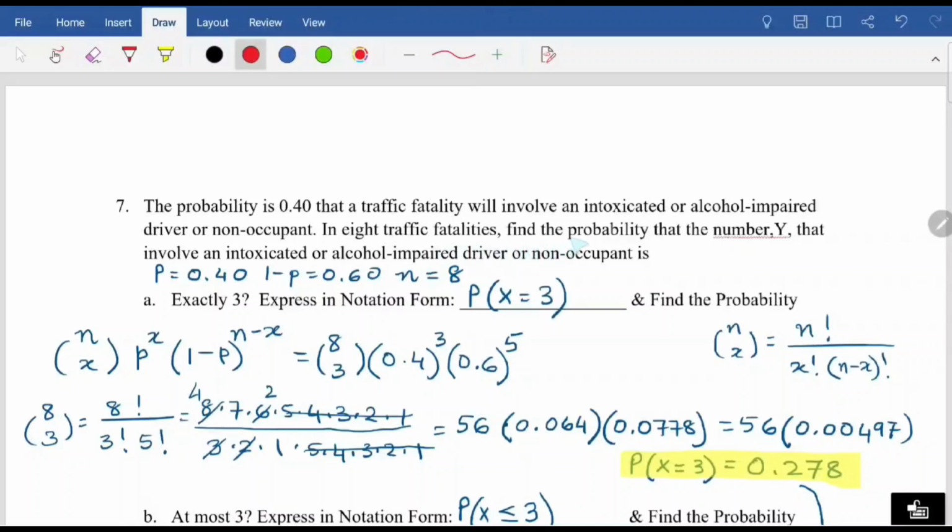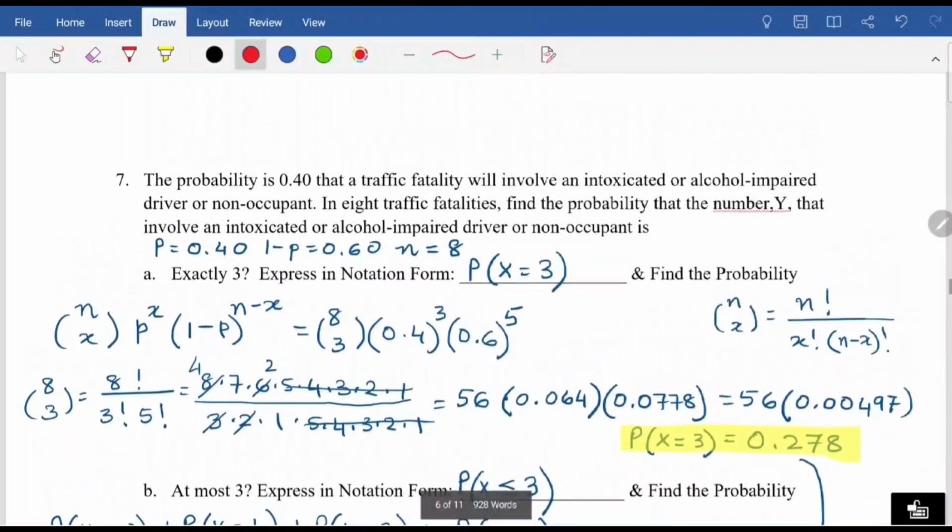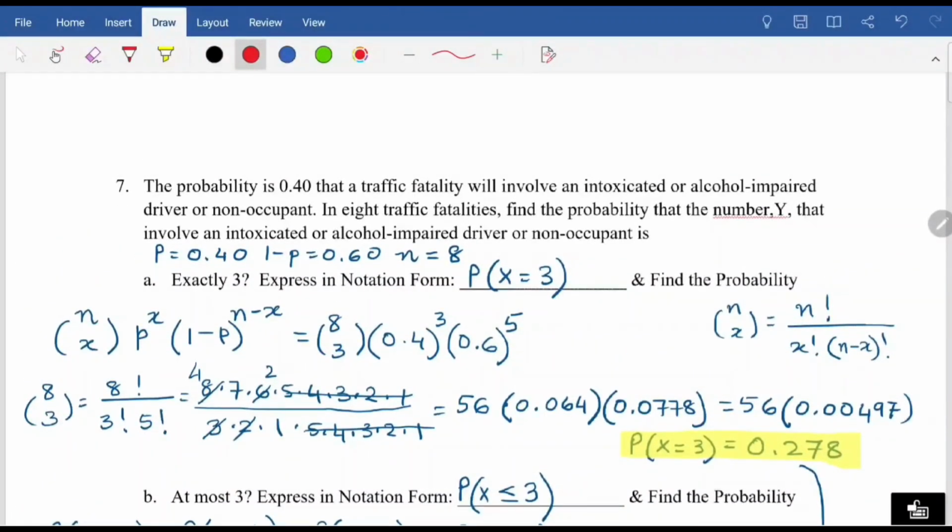In 8 traffic fatalities, find the probability that the number y that involve an intoxicated or alcohol impaired driver or non-occupant is exactly 3, at most 3. So these are the different probabilities that we have to find, right? So I'm going to go through this question one more time and extract some values.